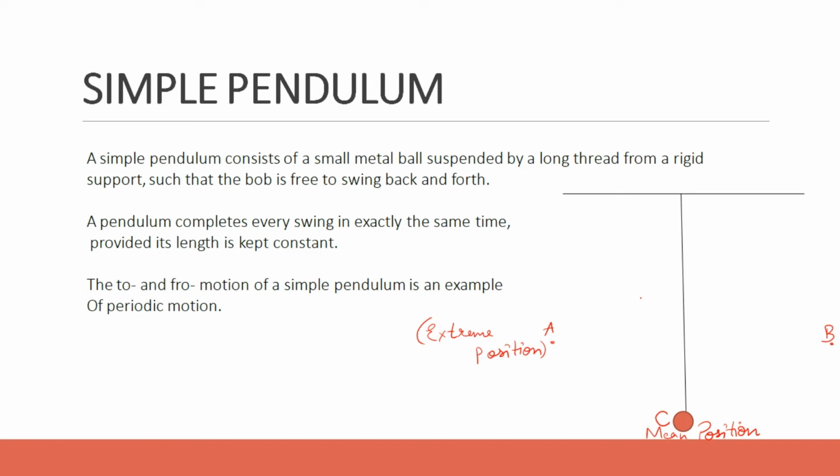If we are keeping the length of this thread constant, meaning we are not changing the length of this thread, then every time this bob will take equal time to cover one oscillation, or you can say to complete one swing, right?